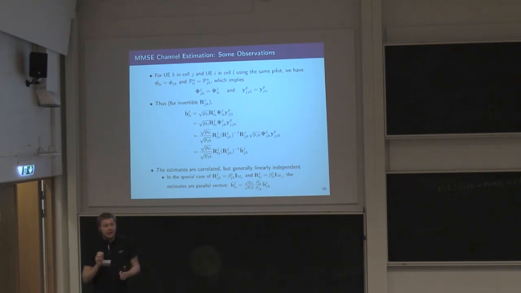Meaning that in that special case, these two channel estimates are exactly the same up to a scaling factor. In general, when one of the matrices times the inverse of the other matrix is not a scaled identity, they are correlated vectors pointing in different directions.